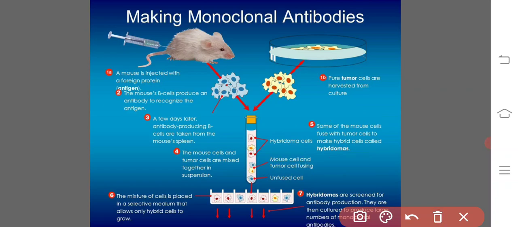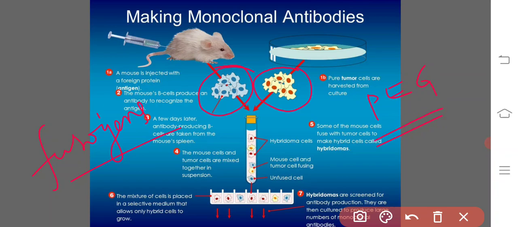For the fusion of both these cells, that is B lymphocyte cells as well as the cancerous plasma cells, both the B cells and myeloma cells are mixed in the presence of fusogens. Fusogens are generally a chemical glue called polyethylene glycol, PEG.